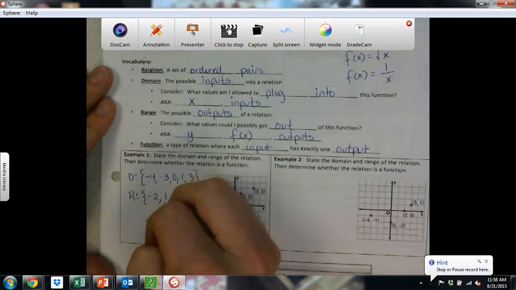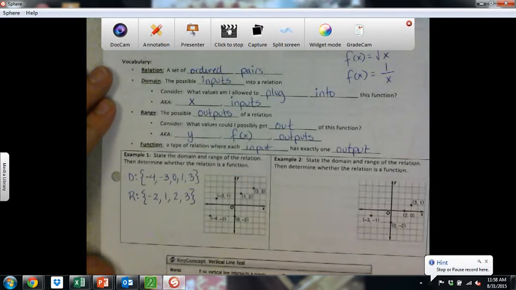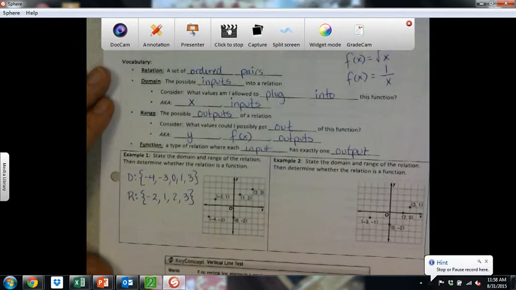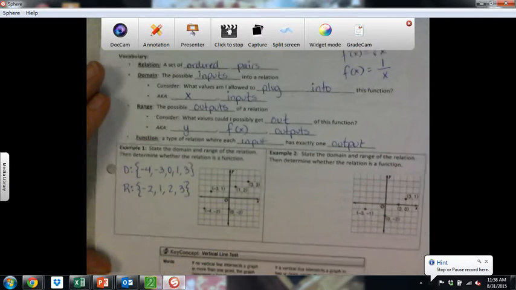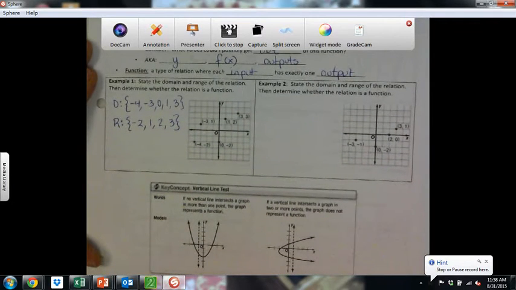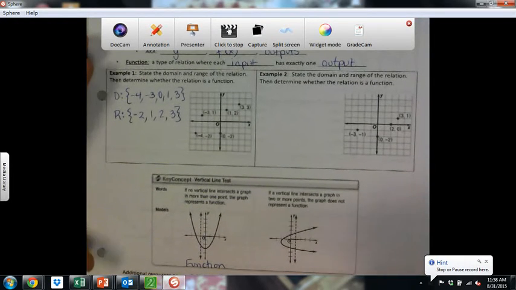One of the things that can help you decide if something is a function or not is this box down here, the vertical line test. If I can draw a vertical line through more than one point, then it is not a function. So this is a function because anywhere I draw that vertical dotted line, I'm only going through one point at a time.